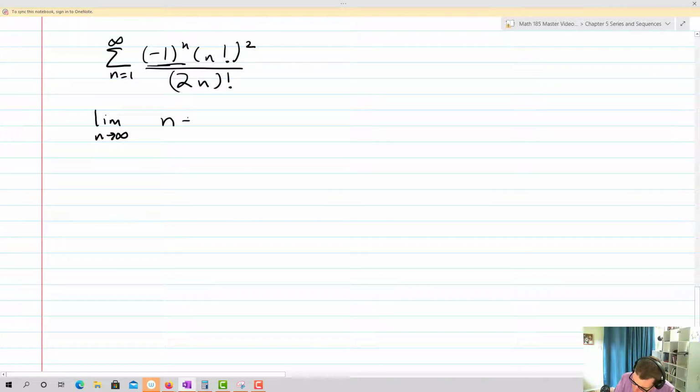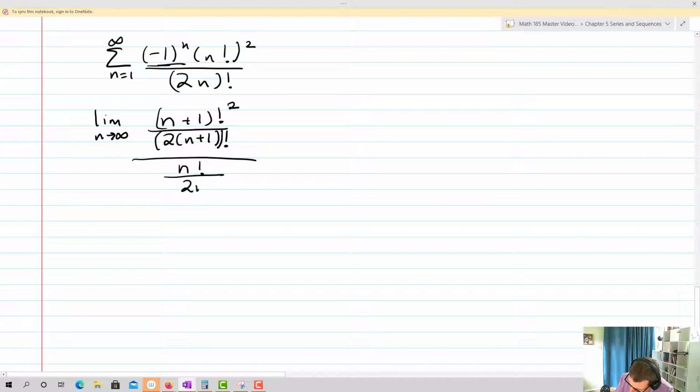So we get now ((n+1)!)^2 over (2(n+1))!, and we'll divide that through by (n!)^2 over (2n)!.